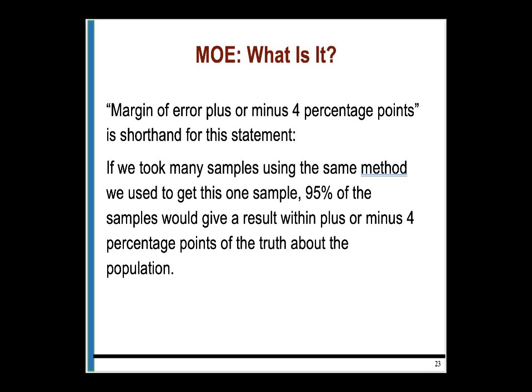I want you to think about that statement again, because what it's telling us is if we were to take lots of different samples, our technique is going to capture the true value of the parameter 95% of the time. So this margin of error is appropriate for 95% of the possible samples. Maybe we got one of the 5% that it did not work for, but we're going to hope that we're one of the 95%. And getting 95% on a test is doing pretty good. So 95% is a high level of confidence.